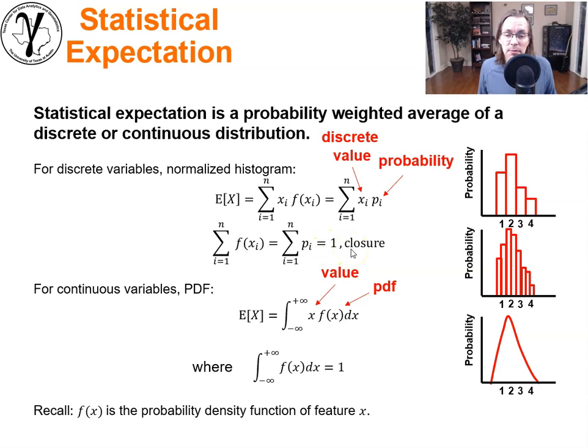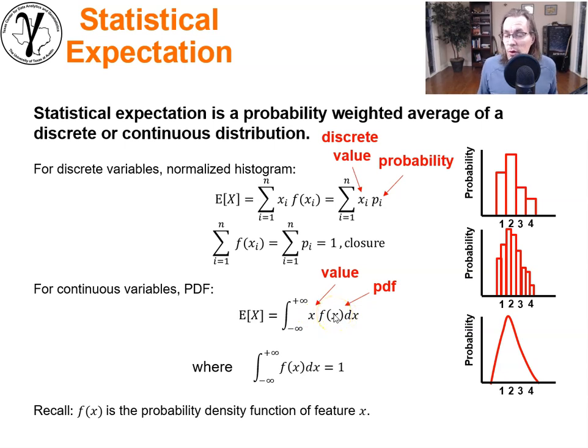All possible outcomes, 100%. Now, for a continuous variable, we can do the same thing. All we do is work with a continuous PDF. We have a continuous line that is a measure of density across all possible values from the minimum to the maximum. And what we can do, this is really cool, is the integration from negative infinity to positive infinity of the value multiplied by its density, which is really a measure of relative likelihood.